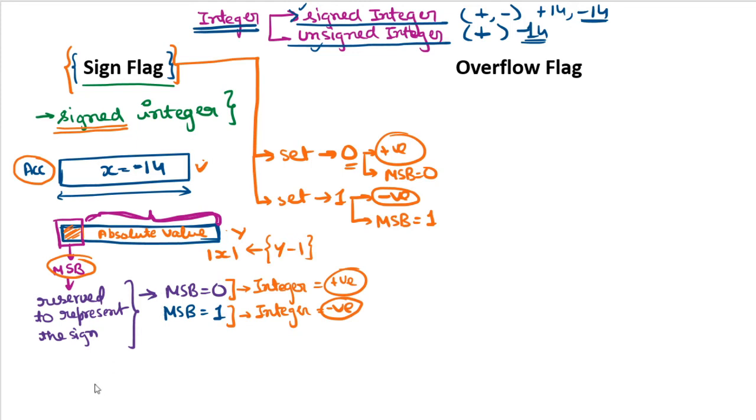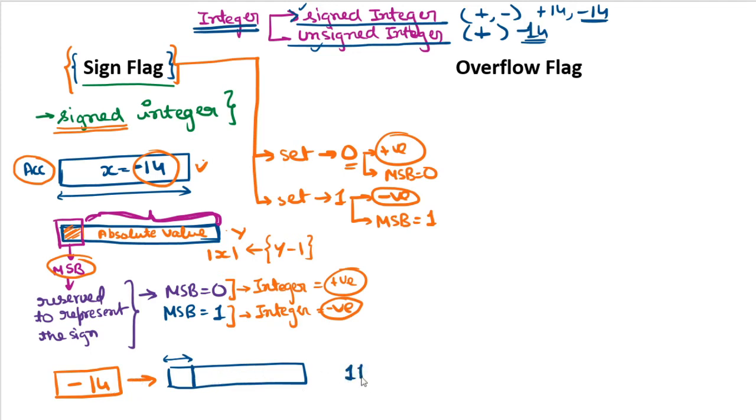Let me give you an example here. Let's take the same example of minus 14. If you want to represent minus 14 in signed integer format, then the accumulator will look something like this. Let's leave this MSB and let's represent 14. How can we write 14? It can be written as 2 plus 4 plus 8, which is 14.